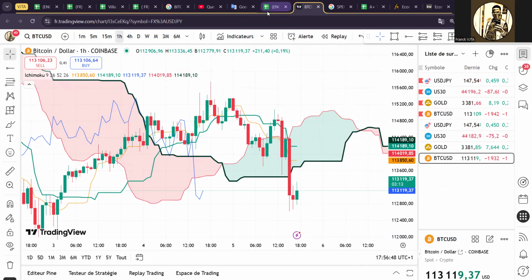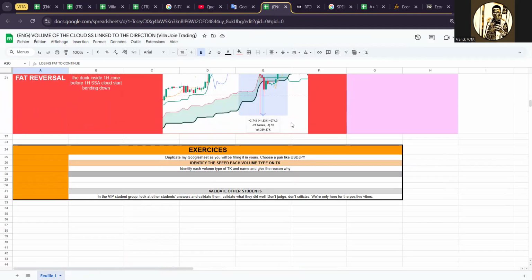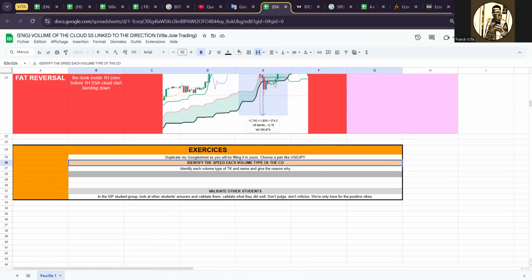So I basically recovered from forgetting to do TK, and I also did the SS volume cloud. I'm happy about that. So now let me give you an exercise. Identify the speed of each volume type of the cloud, SS, and name it and give the reason why.